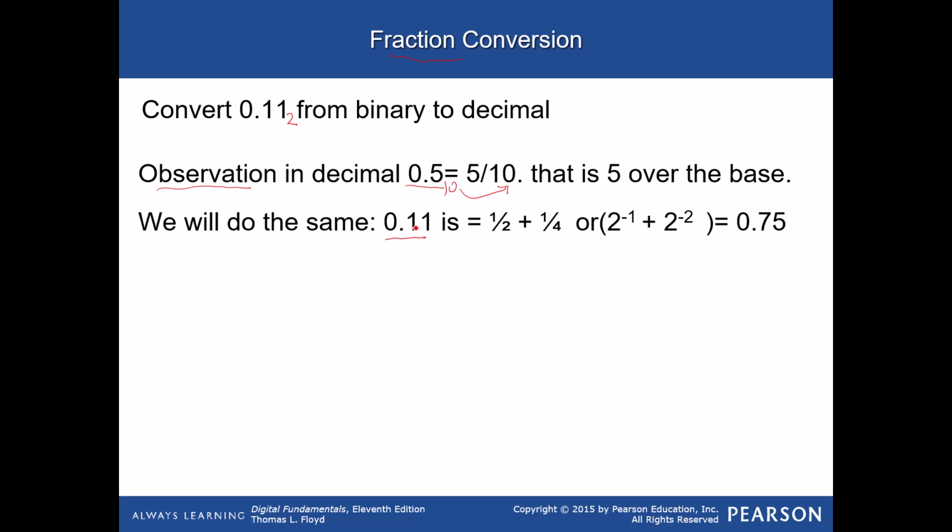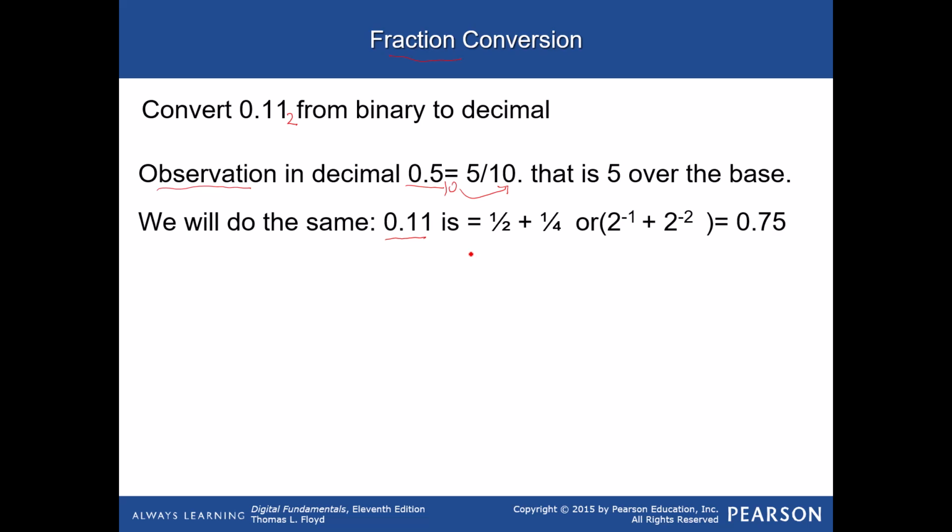So we have 0.11, and we're going to write it as an expansion: 1 over 2 plus 1 over 4.